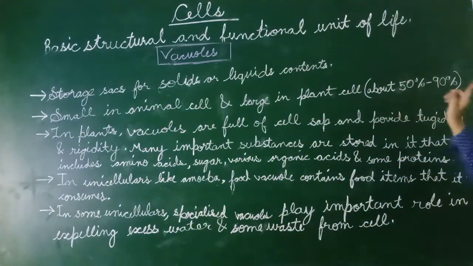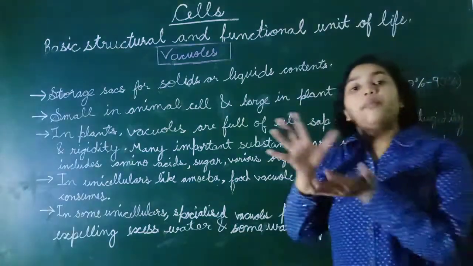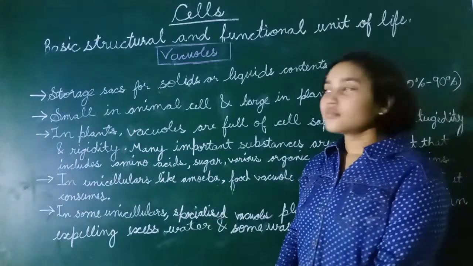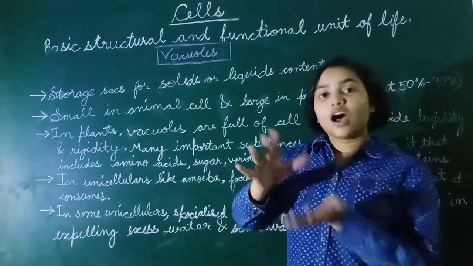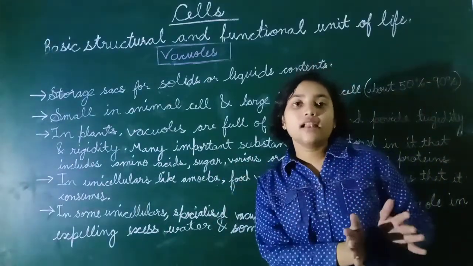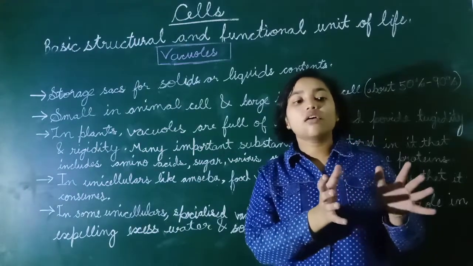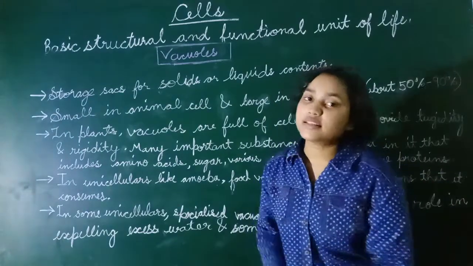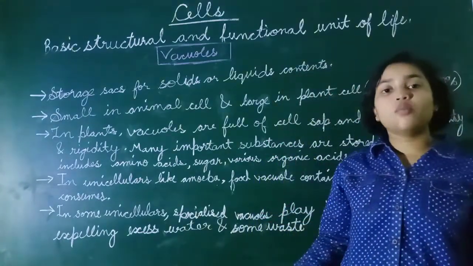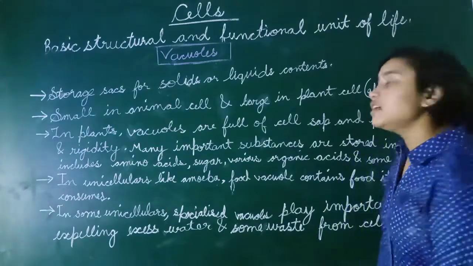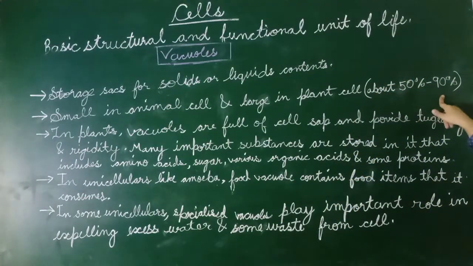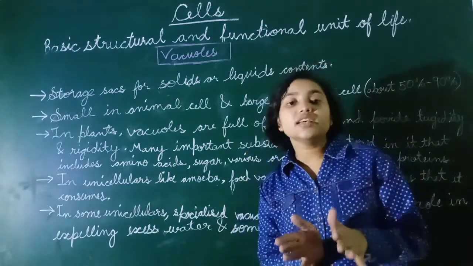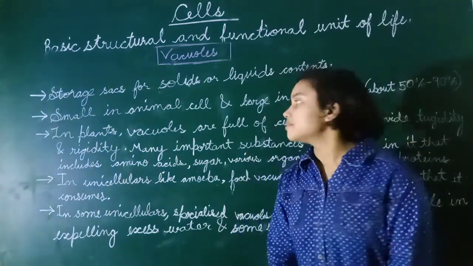Approximately 50% to 90% of a plant cell is covered with vacuoles. You can now imagine why the nucleus is located at the margin in the plant cell: vacuoles are so big that they can cover 50% to 90% of the cell.